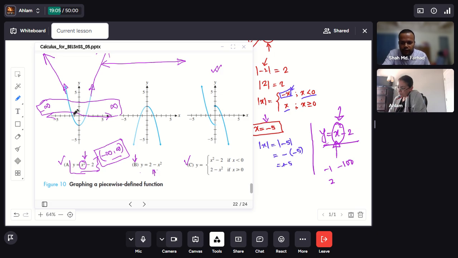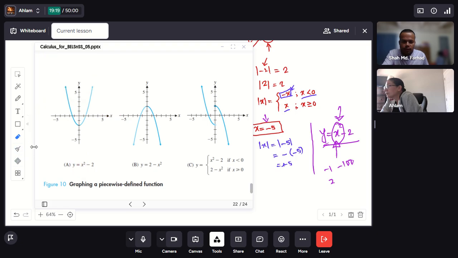Now, if we combine these two. If we look at the graph here, in this function, if we take it up to this, then the values of x are negative, right?